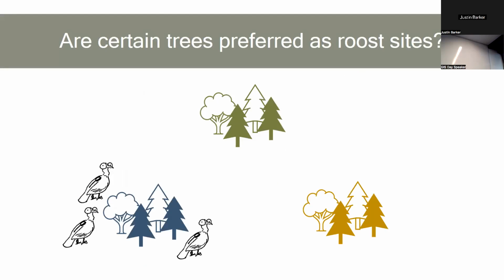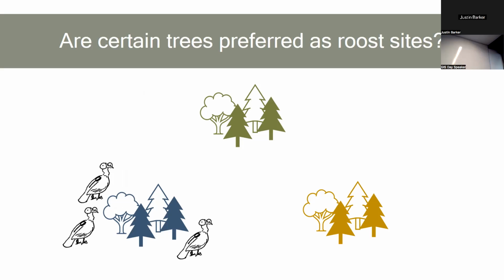As I was looking at these maps and looking at these turkey location points, I noticed something kind of interesting. And that was that the turkeys seem to have preferred roost sites. Now, turkeys do a behavior called roosting, in which they fly up into the trees at night and they rest there for the night. So yes, turkeys can fly. And in the morning, they fly back down and they pretty much spend the rest of the day down on the ground.